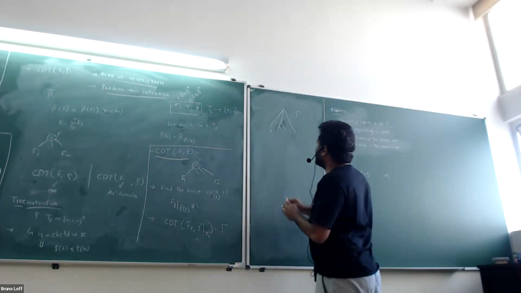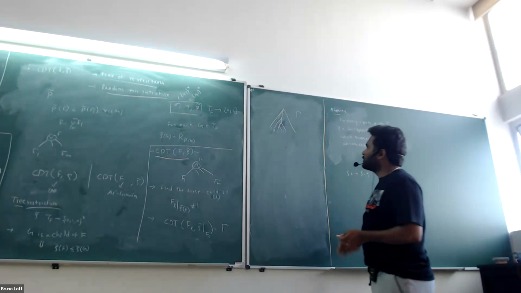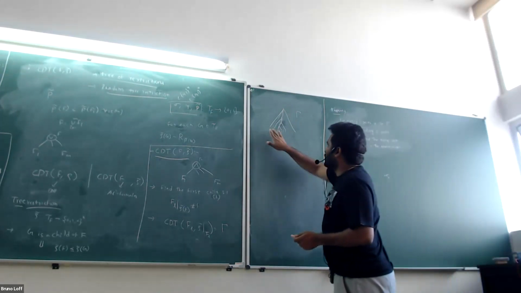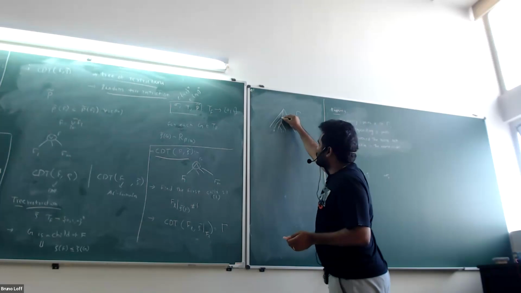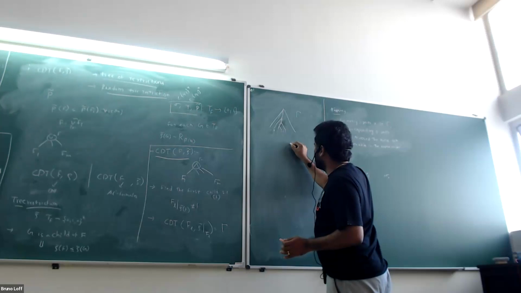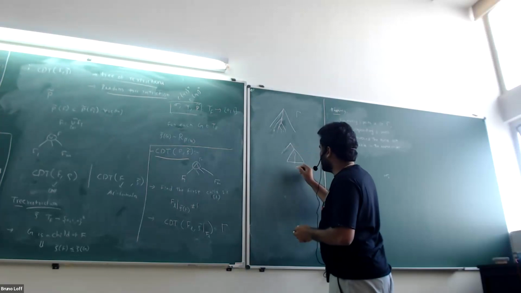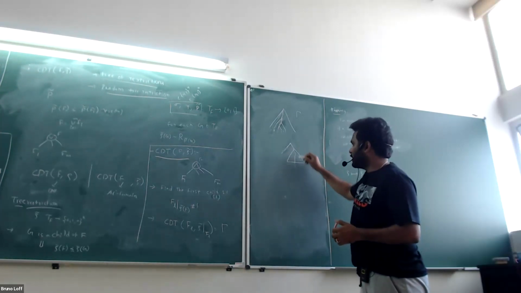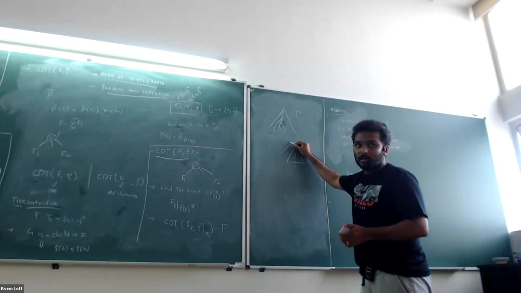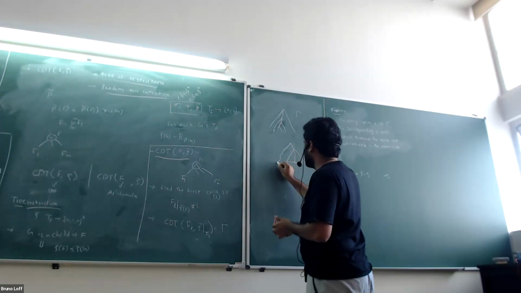Once you found this node, this is the one leaf you're interested in. You went up this tree and you found the first node which has a 0 leaf.